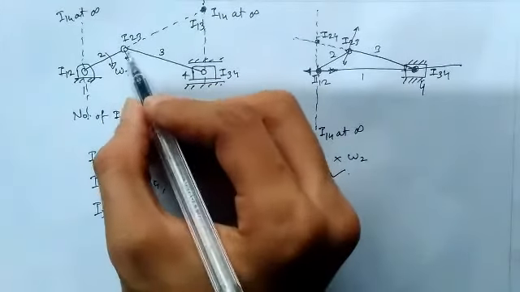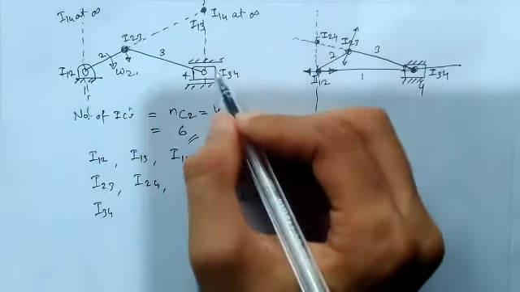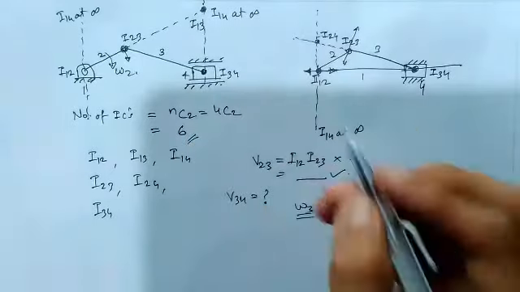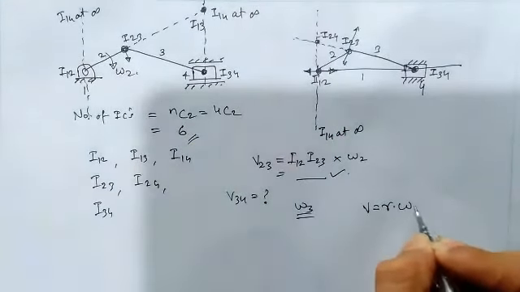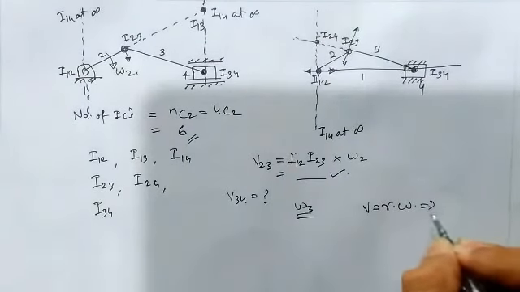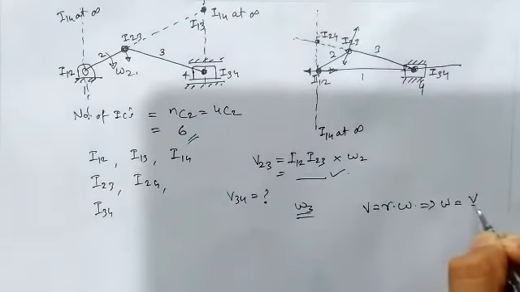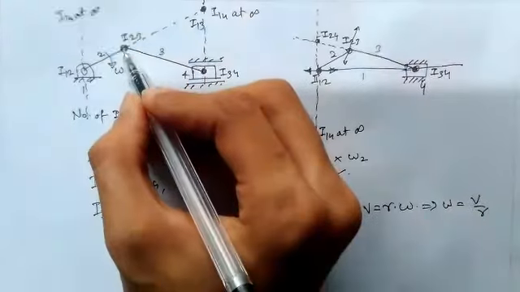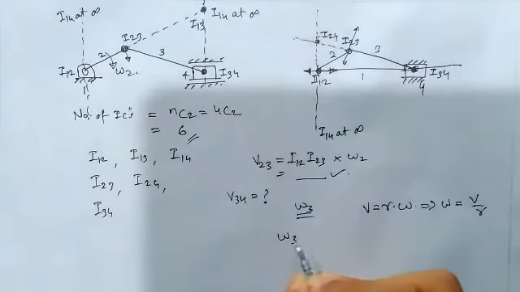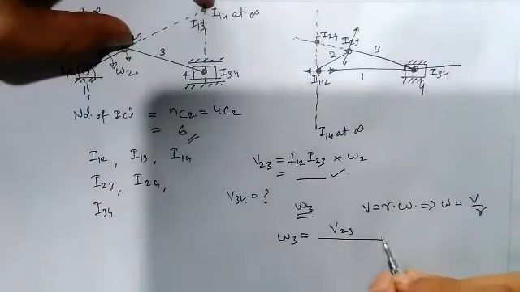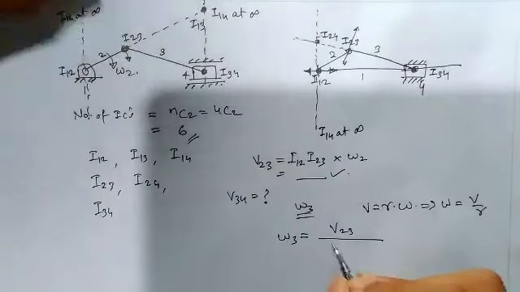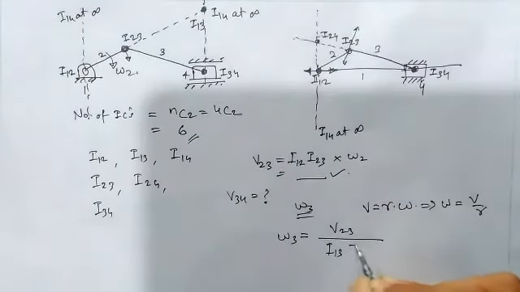We have the velocity V23 and we need to find V34. What is velocity? Velocity is r omega. So what would omega be? V by r. If we are talking about omega 3, it would be equal to V23 divided by the distance from I center to that point, I13 to I23.